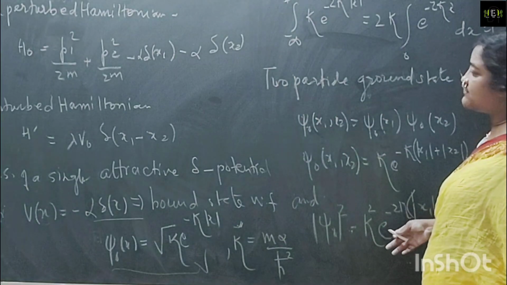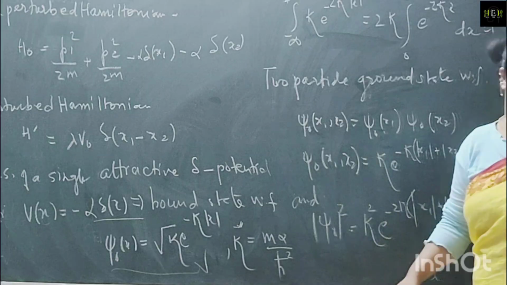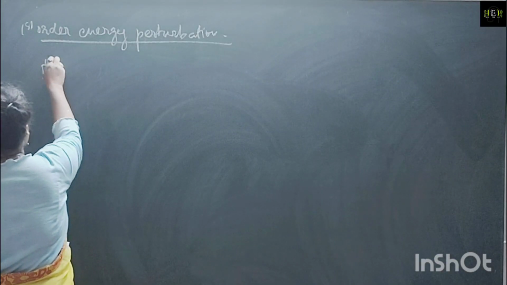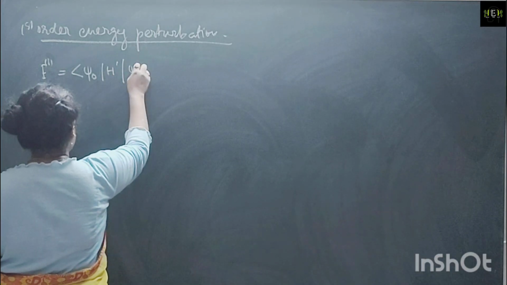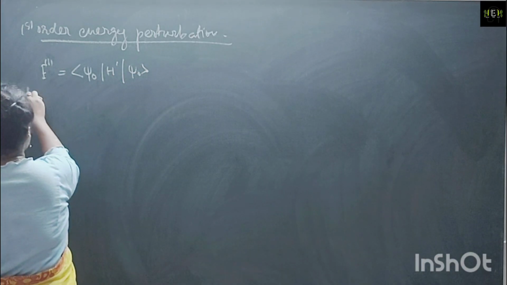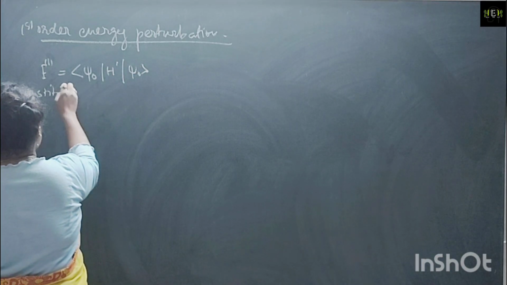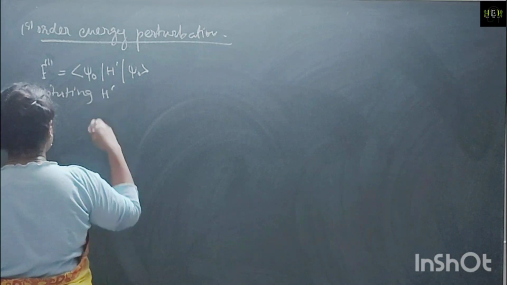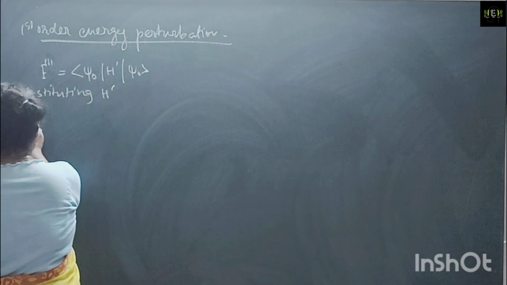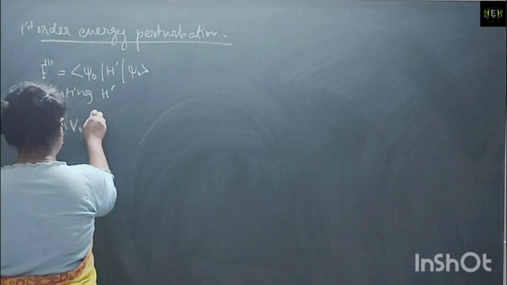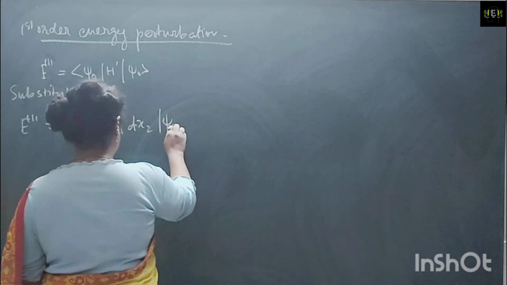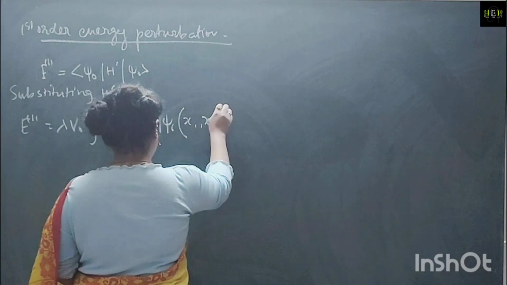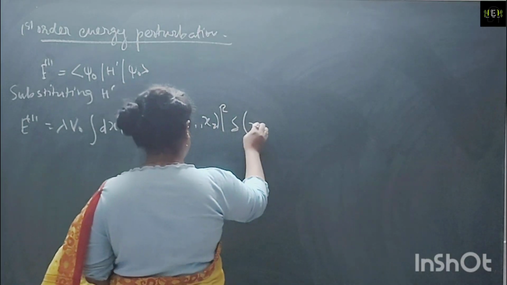Then, because I need psi naught square for the first order energy correction E1, I get psi naught H dash psi naught. Now substituting my H dash, the perturbed Hamiltonian, what will I get? E1 is equal to lambda V naught times the integral of dx1 dx2, psi naught of x1 x2 mod square, delta of x1 minus x2.